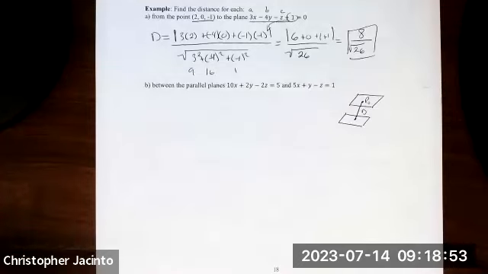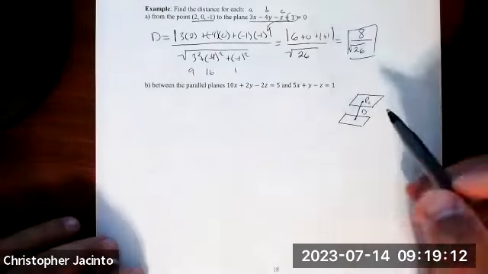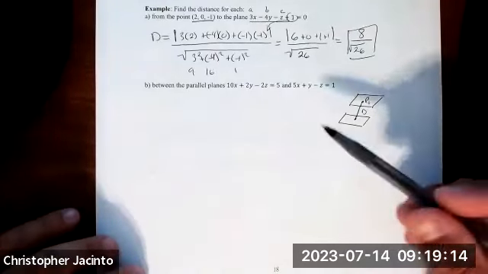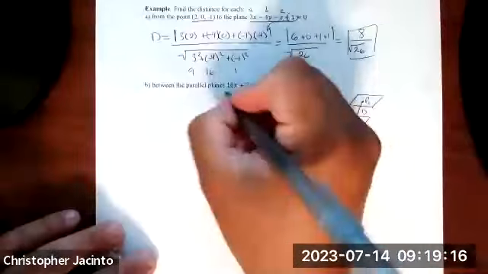Okay, so just like the last one, we can kind of choose how we want to do stuff. Now, remember, because they're two parallel planes, their normal vectors are going to be the same. That's a key component. And hopefully their normal vectors are the same or are a scalar multiple. Let's look at this right here.